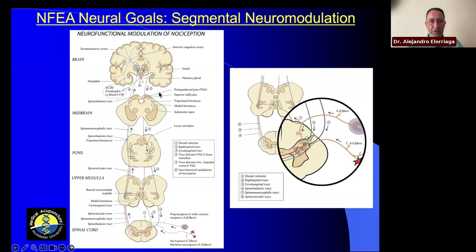And then I could also consider the many areas of processing signals above the spinal cord, so suprasegmental levels: thalamus, hypothalamus, sensory cortex, somatosensory cortex 1, somatosensory cortex 2, etc. So I had a very good neuroanatomy professor. I studied neuroanatomy for 2 years in medical school, 5 hours a week of class and 5 hours of lab.